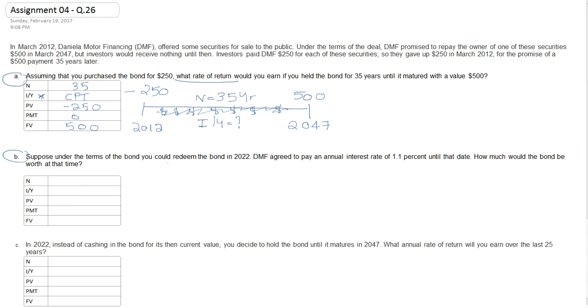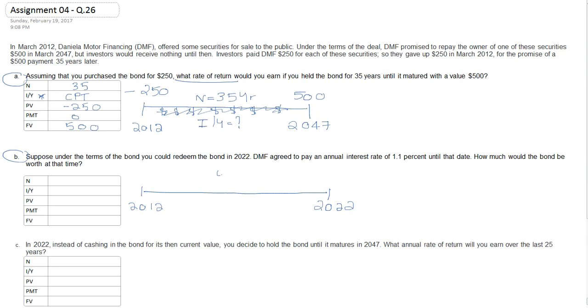For B, let me put the timeline here. Suppose you could redeem the bond in year 2022, and this bond will pay interest of 1.1% until that date. How much would the bond be worth at that time? The year that you redeem the bond will be 2022, and the year that you invest in this bond is 2012 again.